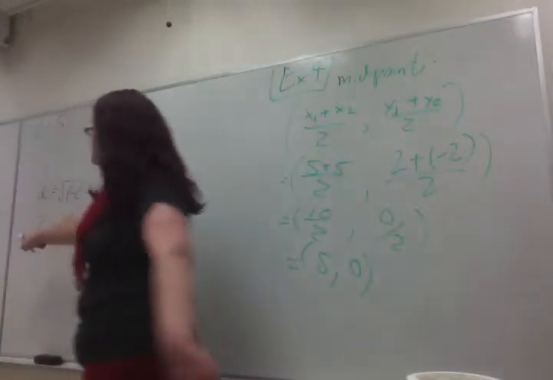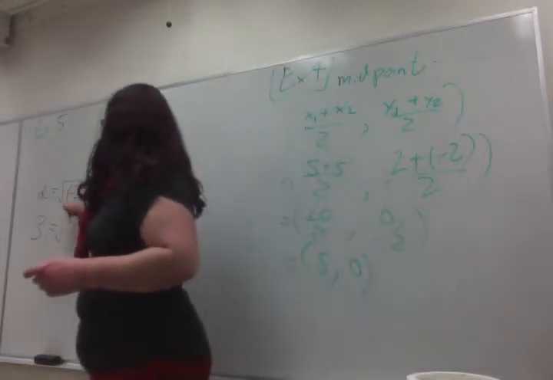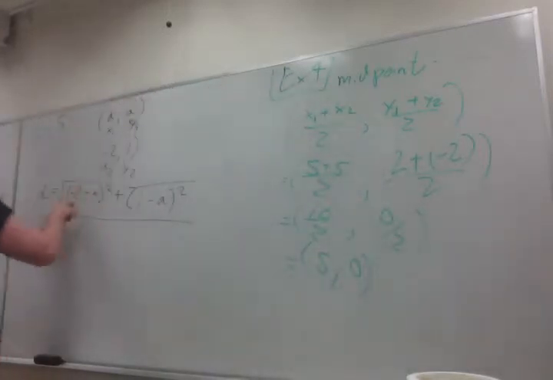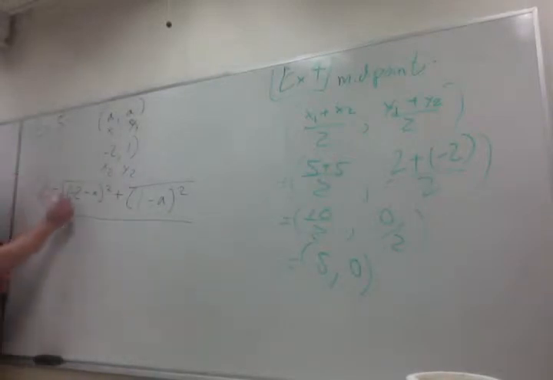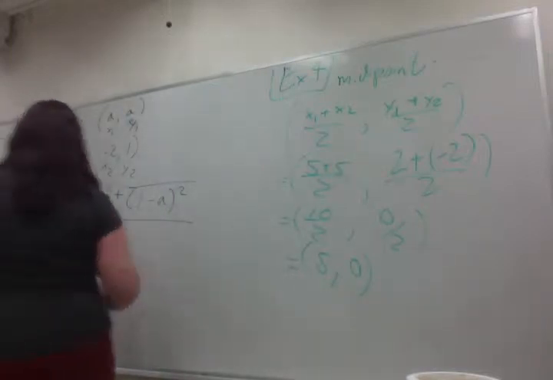So we got 3 equals, now let's simplify this thing inside the square root. (-2 minus a) squared: I'm going to square the first thing, -2 squared is 4. Then 2 times the first thing times the second thing: 2 times -2 is -4, times -a is +4a. We get plus 4a, and then the second thing squared, which is a squared.